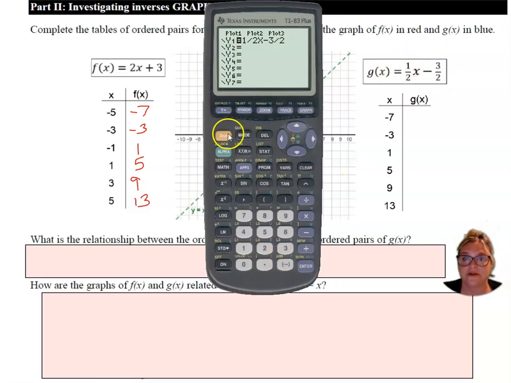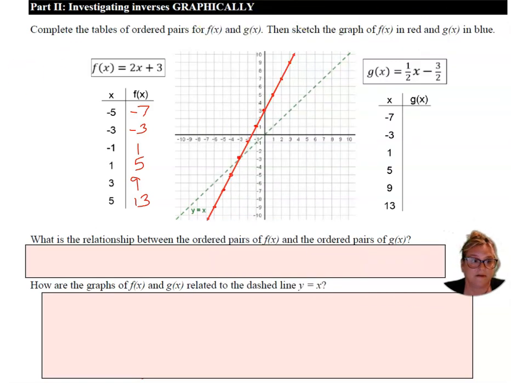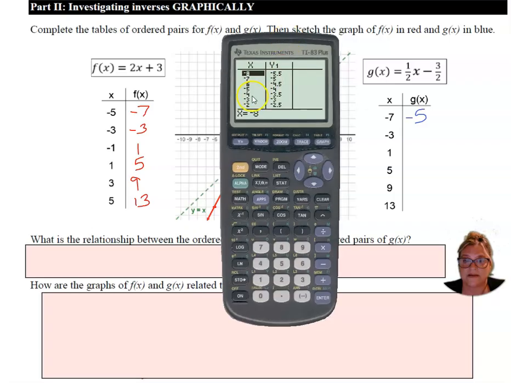And then if we do second graph, see up above, that opens our table. So we can see at 0, the point (0, -1.5) is on the graph, (1, -1), and so on. If I use my arrows, I can backspace up to get to where my xy table begins. So (-7, -5) would be my first point on the graph. Then my next point is (-3, -3).